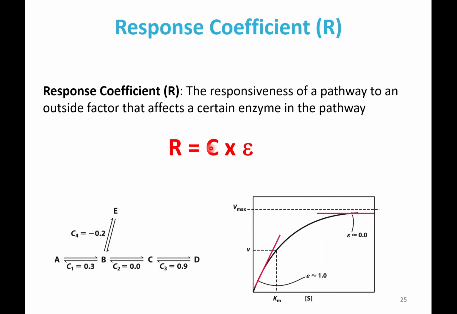On an exam, you would be given these elasticity coefficients, and then either the flux coefficient, or some sort of chart like this with all of the values except one, and be asked to calculate the missing flux coefficient.